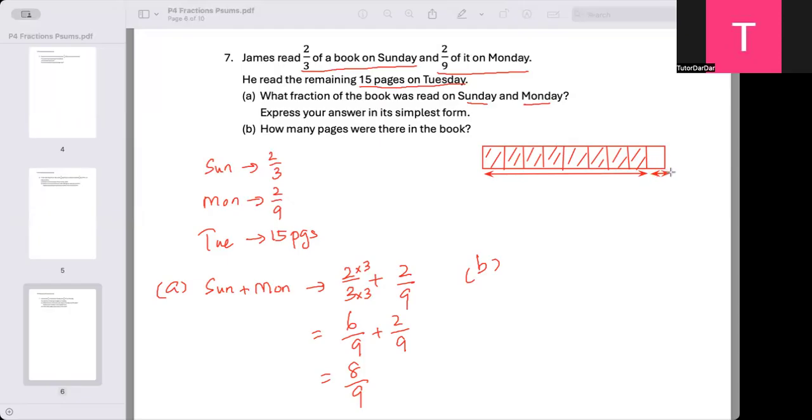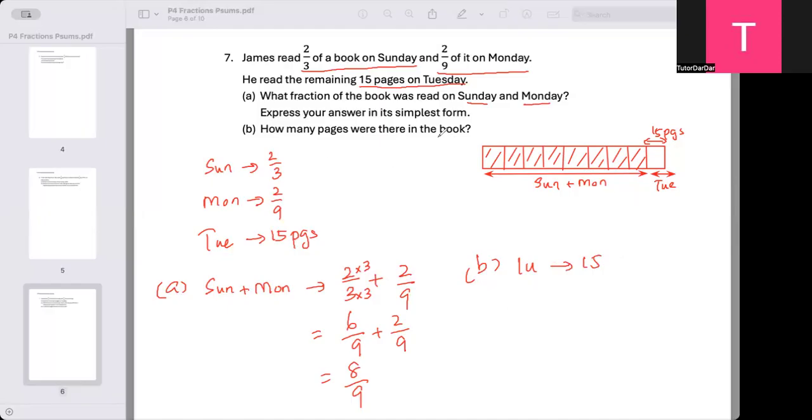And the one that is left behind, this 1 unit, this is Tuesday. And you know Tuesday is 15 pages. This is 15 pages. So based on this, you can see 1U is 15.